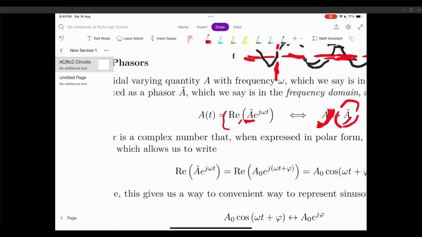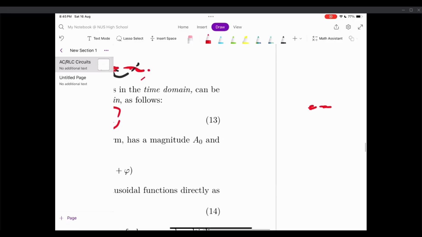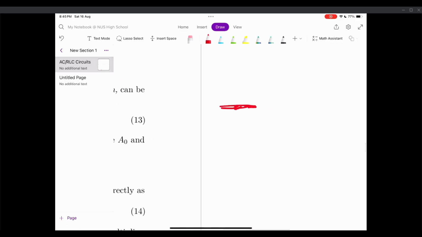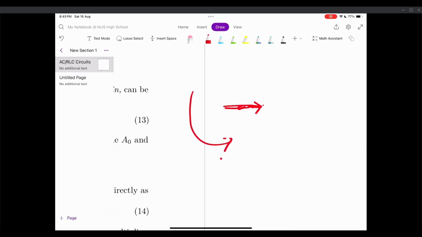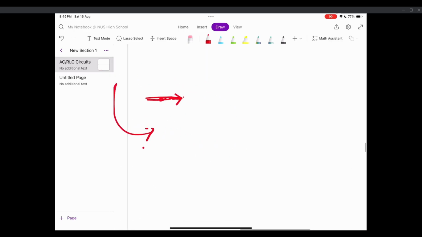To give the intuition, it'd be so much better if I could draw, but this e to the j omega t is basically something that goes in a circle in the complex plane.